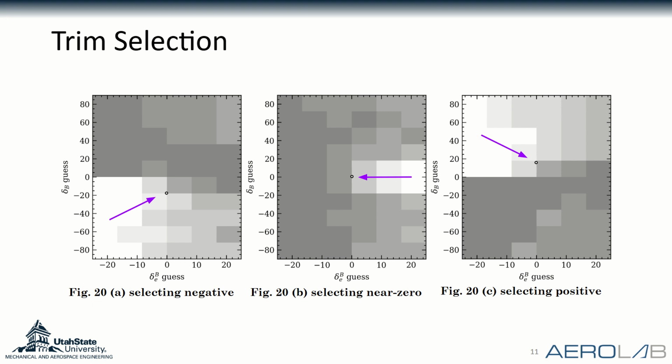In the middle, if we start with a tail near 0 initial guess and a large positive stabilator deflection, we will get the tail near 0 trim solution. And on the right, if we start with a large positive tail rotation and a large negative stabilator deflection, we will get a positive tail rotation trim solution.